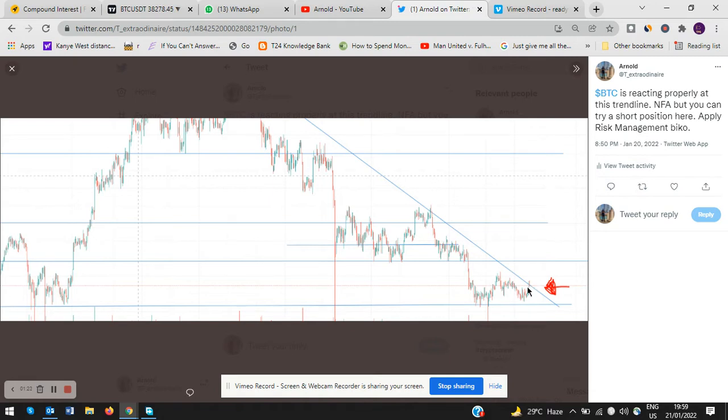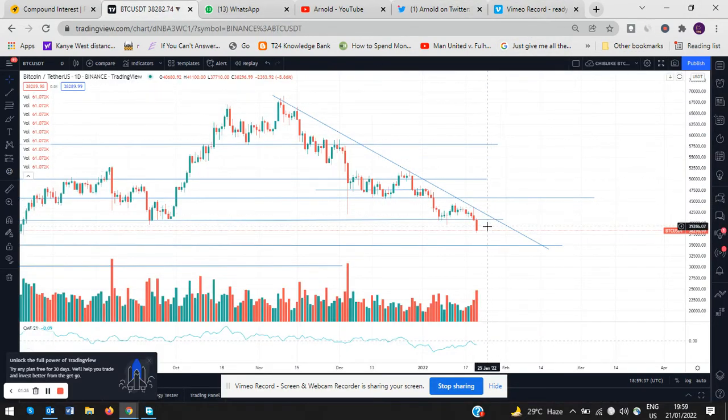But the probability of it breaking the trend line was obviously less than the probability of it bouncing, because it's been a strong trend line. You see how many times we bounced on it. So it was a good trade.